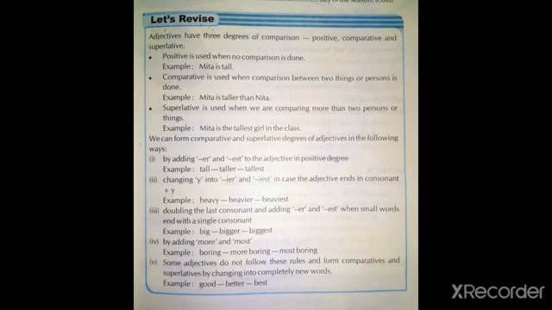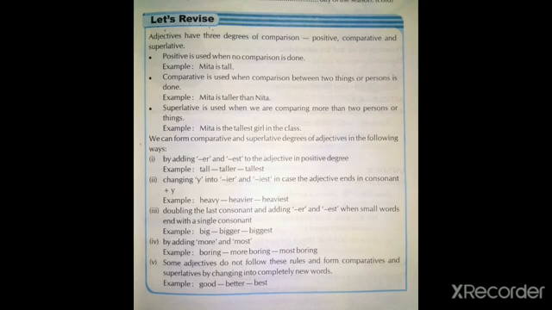Example, Mita is tall. Comparative is used when comparison between two things or persons is done. Example, Mita is taller than Nita. Superlative is used when we are comparing more than two persons or things. Example, Mita is the tallest girl in the class.